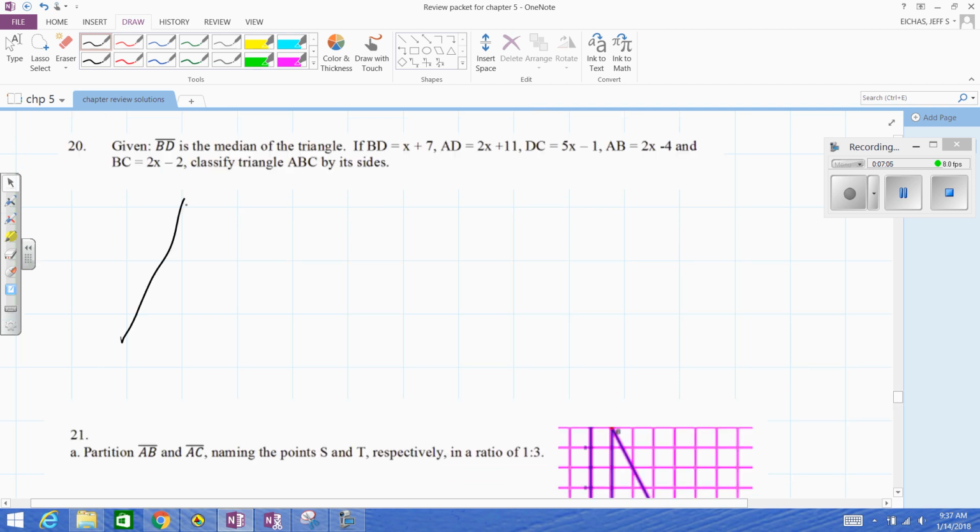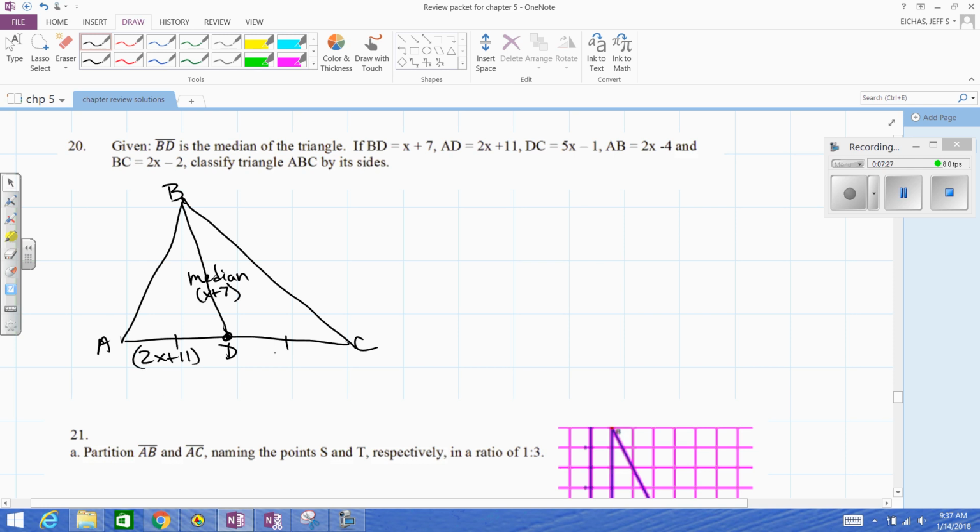All right, so same diagram they want, but this time BD is a median. So that tells us these are the same. All right, so BD is x plus 7, 2x plus 11.